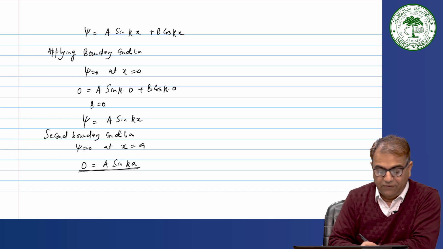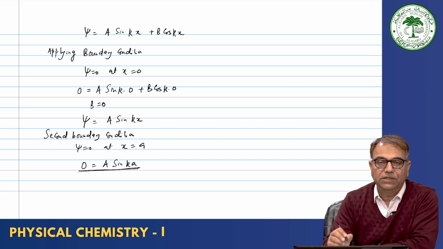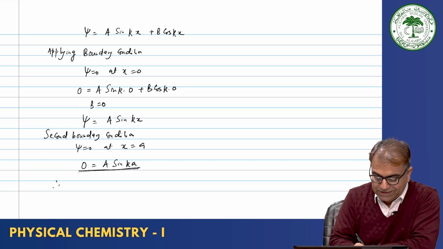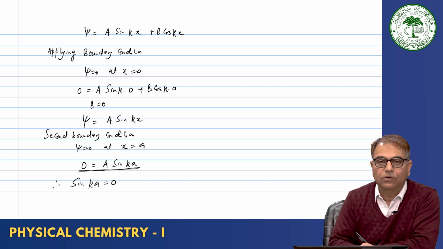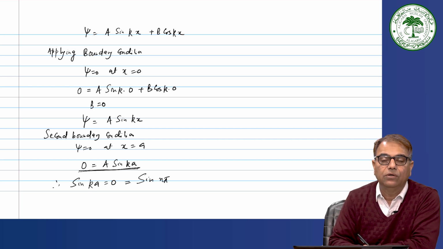Okay. If I say a is equal to 0, then b was already 0, a is also 0, the wave function itself will become 0 and the particle does not exist. Okay. So, that will give you a redundant solution, no solution at all. So, therefore, sin k a is equal to 0, and you know from trigonometry that sin n pi is always 0. Okay. It means k a should be equal to n pi.